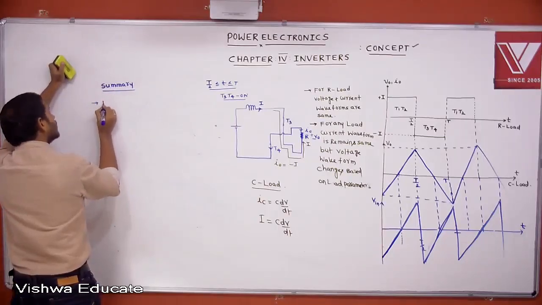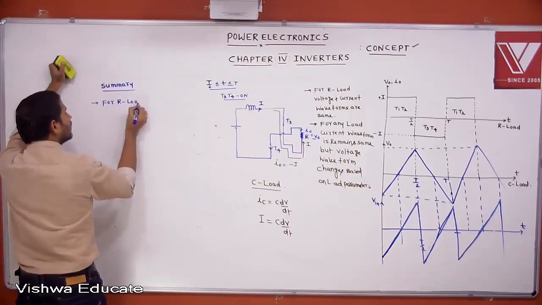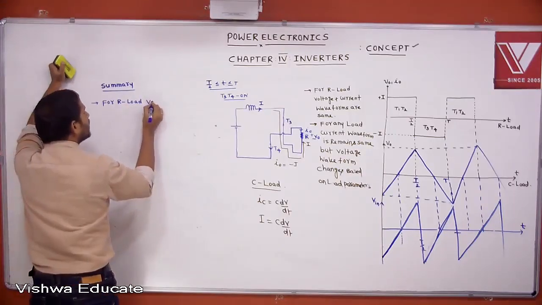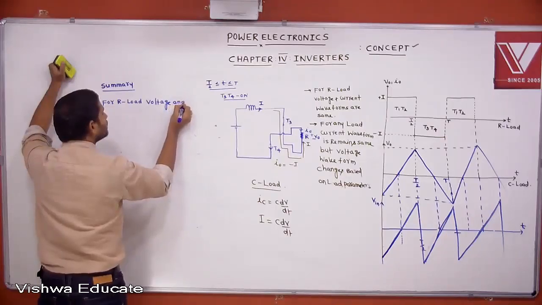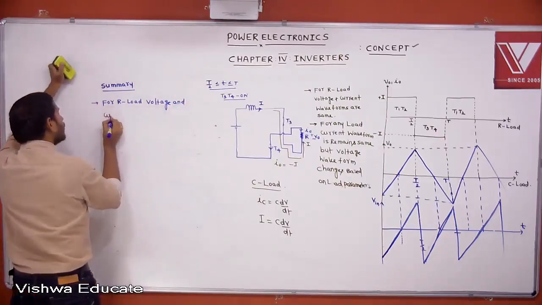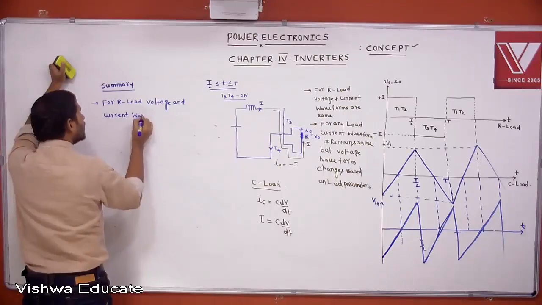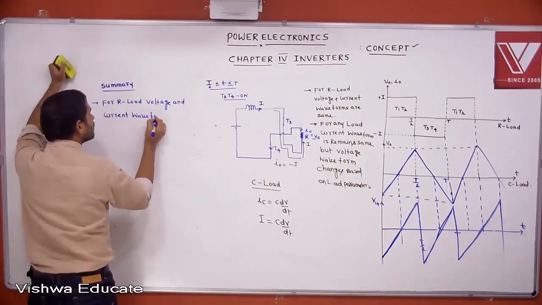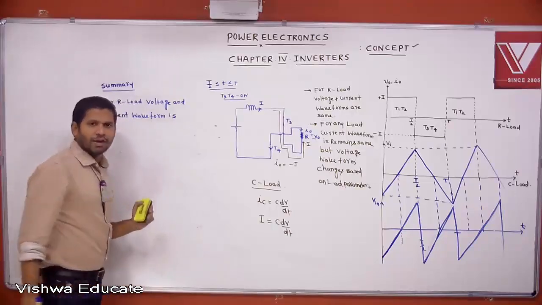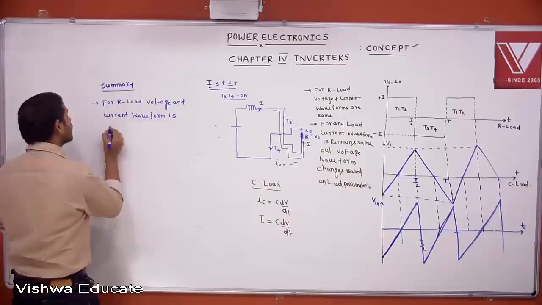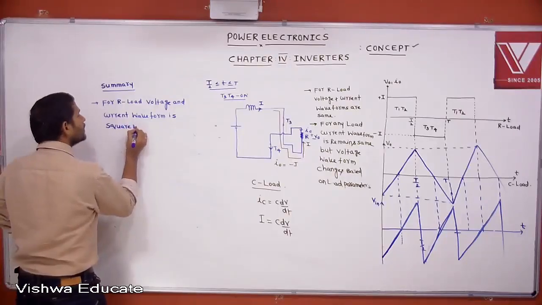For R load, voltage and current waveforms are square waveform.